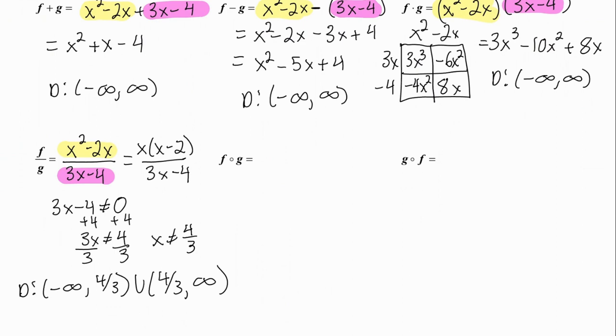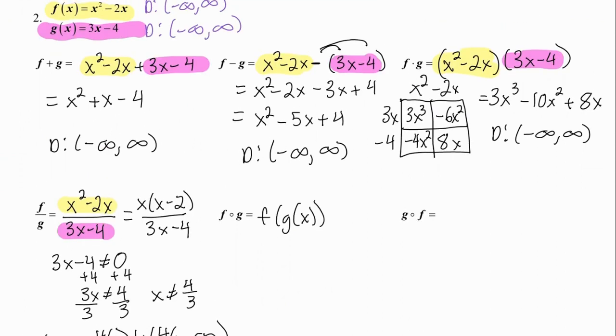So the next one, again, we're doing f of g of x. So that means into f of x, we're plugging in g of x. So we're really taking f of 3x minus 4. Okay, so we should see that f is x squared minus 2x. So in for that first x squared, we're going to put 3x minus 4. So that 3x minus 4 is representing g, but that something squared, that like x squared, is what we're plugging in.